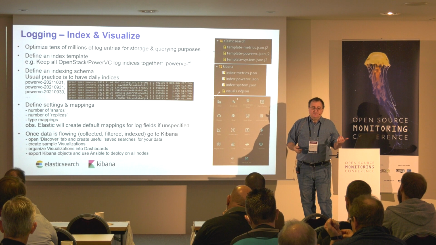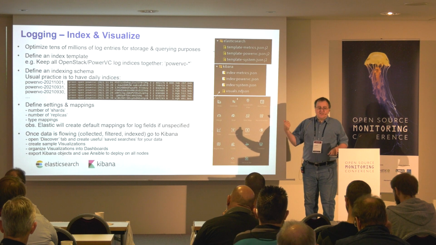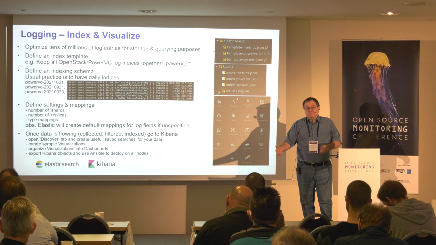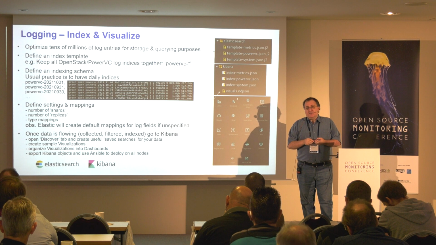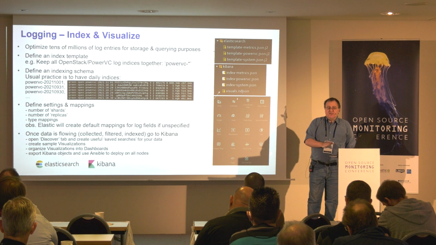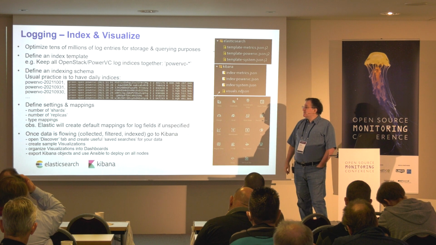Filebeat has other plugins that you can use. One of the ones that we use is the system plugin, which runs the syslog, the auth log, and a few other logs that give you operating-system-related information. We want to keep this separate from the OpenStack logs.